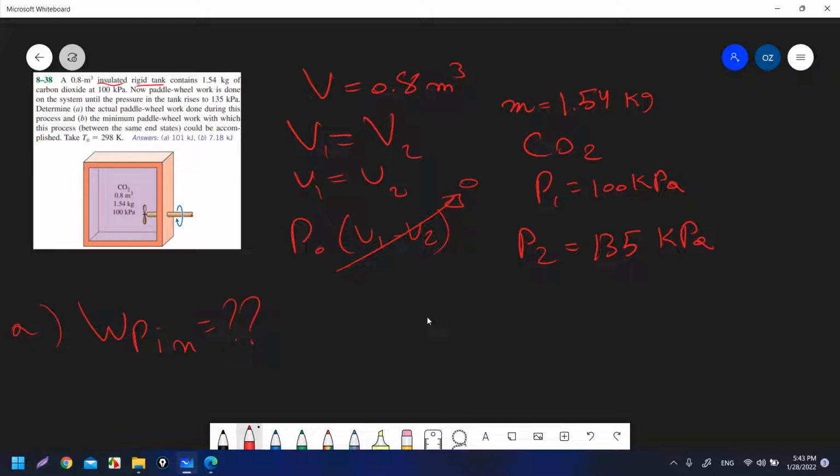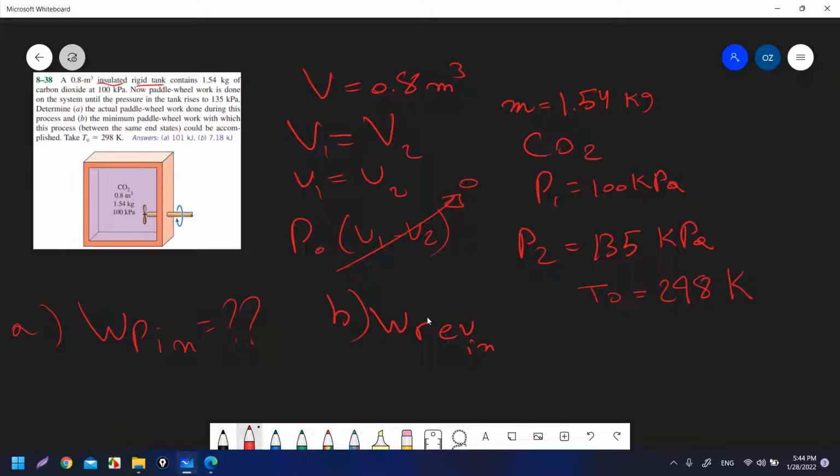When we always say minimum or maximum, we think about the reversible work. So he wants me to find the reversible work in, with which this process between the same end states, between state 1 and 2, could be accomplished. Take T naught equal to 198 Kelvin.